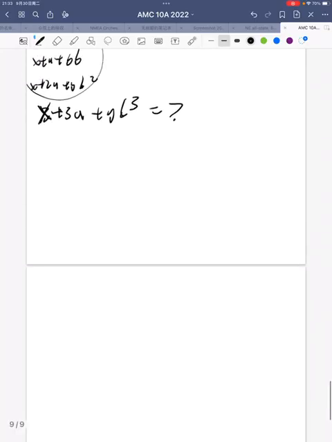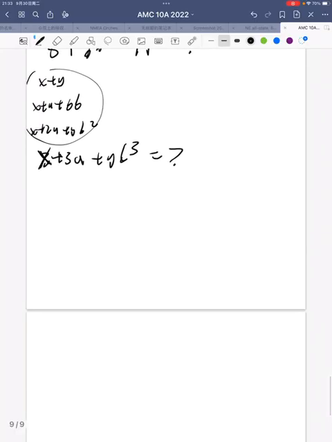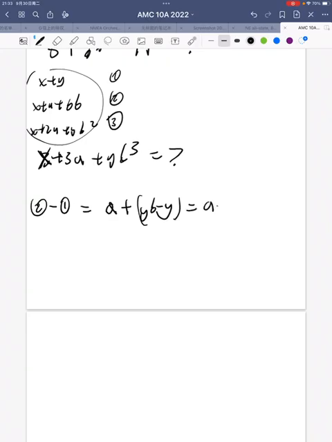Obviously, just like always, when we have a system of equations, we try to subtract them. So call this 1, 2, 3, if you can read my handwriting. 2 minus 1 gives us a plus yb minus y, which is equal to a plus y times b minus 1. And then we can also subtract 3 by 2.